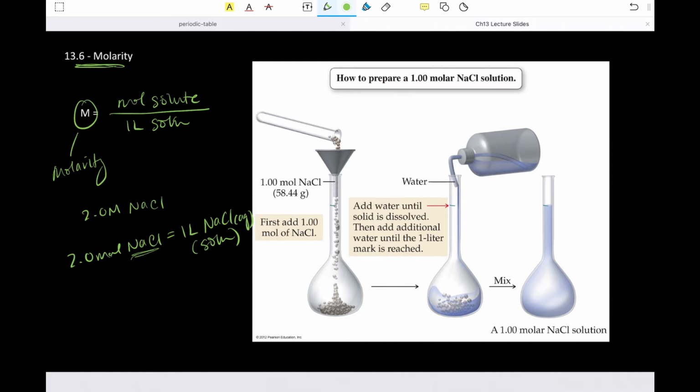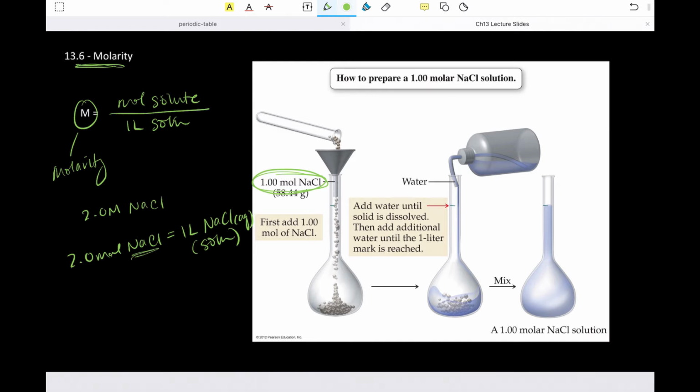Now, your book goes on to say that you need to be mindful that when we make our solutions, volumes change when we add a solid solute, right? So for example, your book talks about how if we add 1 mole of NaCl to 1 liter of water, it's not necessarily true that the volume of solution is going to be 1 liter, because that NaCl takes up space. So does the water, right?